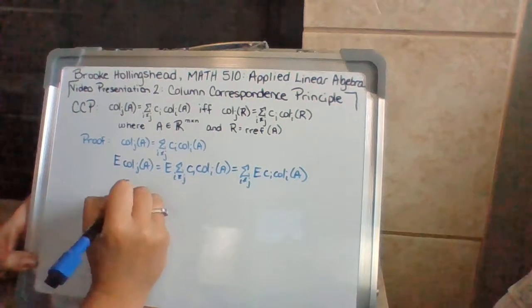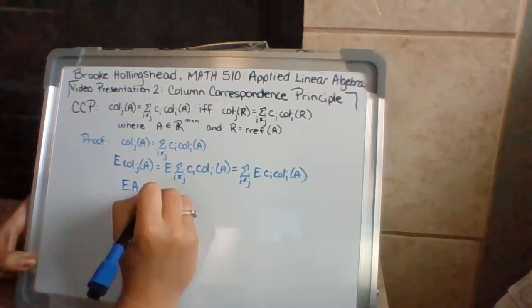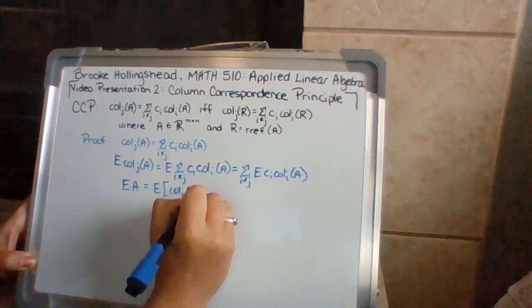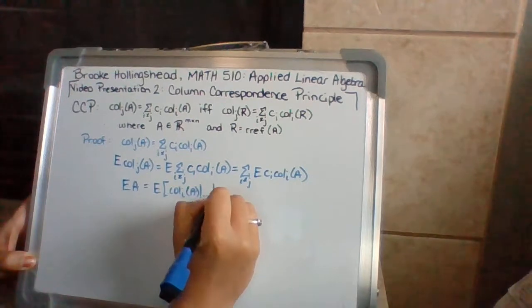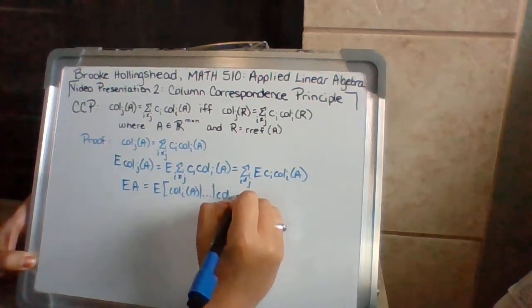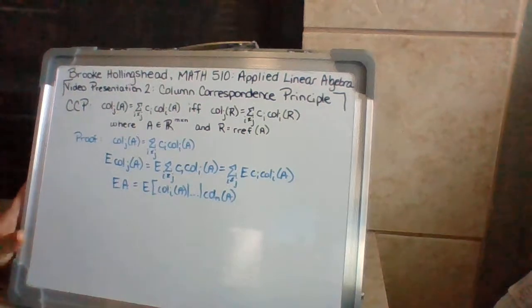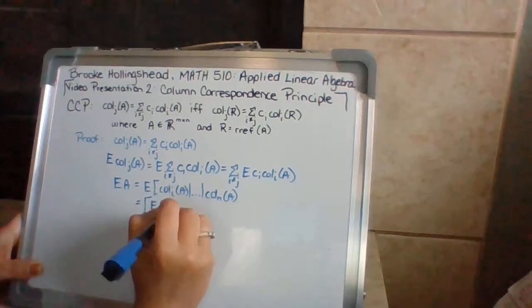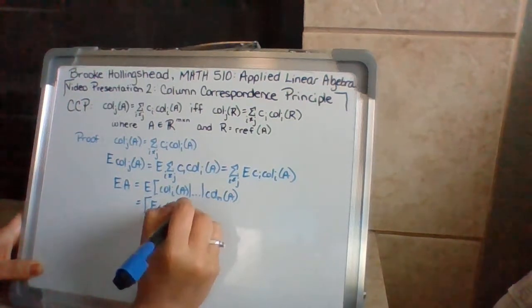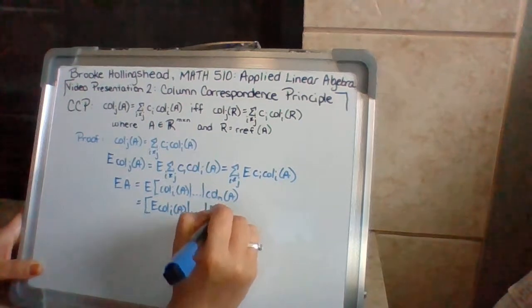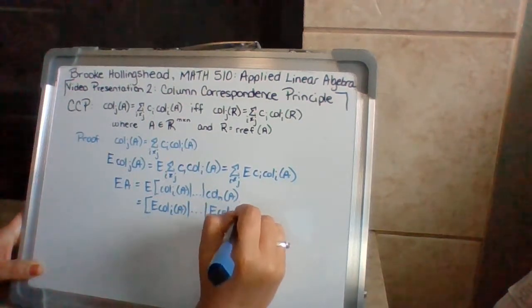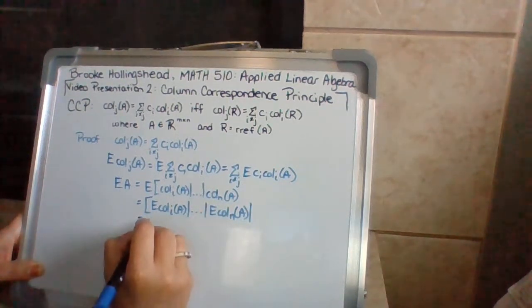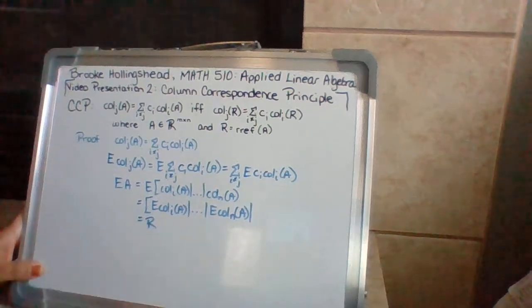And actually what this means is if I multiply E times a matrix, I'm multiplying E times each column of the matrix, column 1 all the way through column N. I could just multiply E times each of those columns individually, E times column N. And this is really the reduced row echelon form of that matrix.